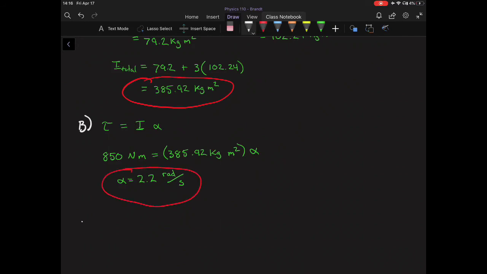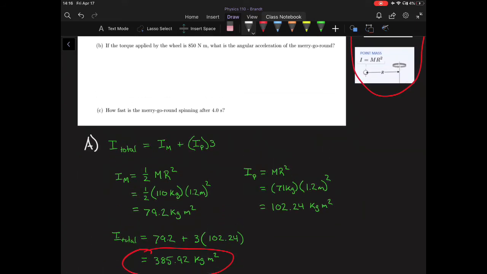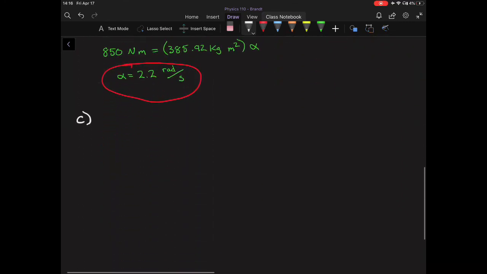All right, and now for part C. How fast is the merry-go-round spinning after 4 seconds? So in this case, we're looking for omega final. If we look at our equation sheet, omega final equals omega initial plus alpha t.